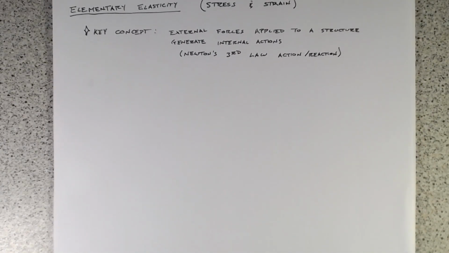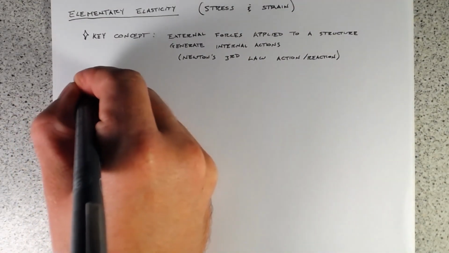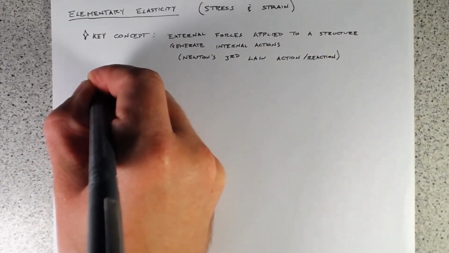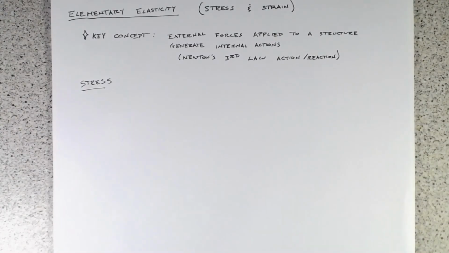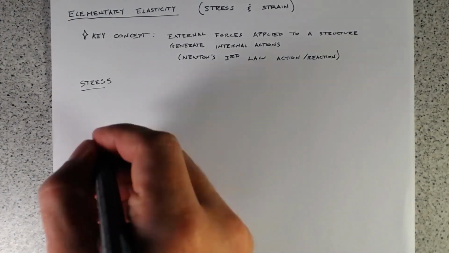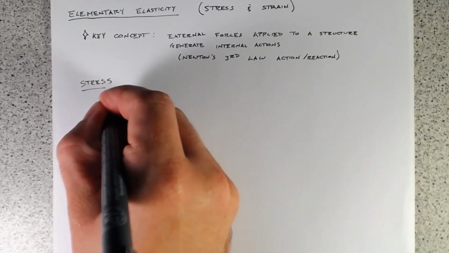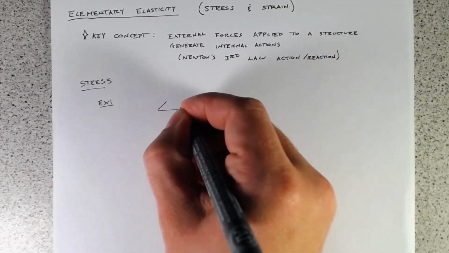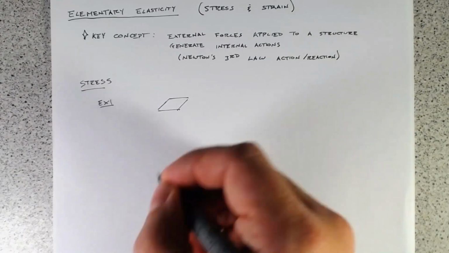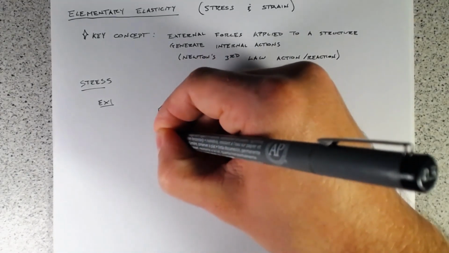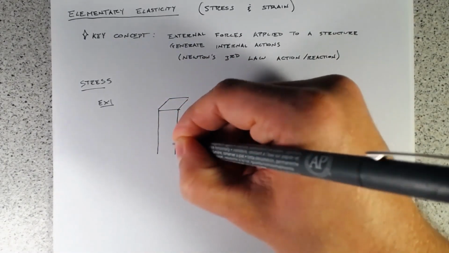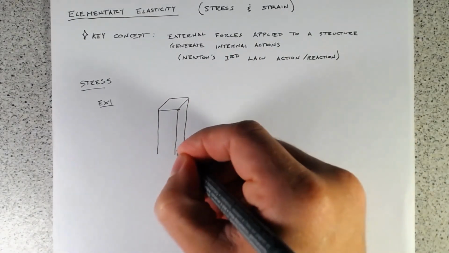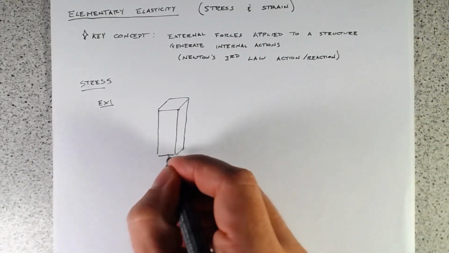So if we're looking at stress, let's just start with an example. For our example, what we have is this member. It's a prismatic member. We're going to assume that it's square, and it has some height. The height is not important.